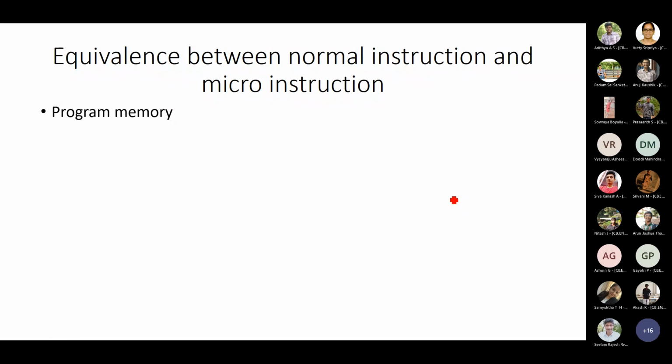A micro program is dedicated for one instruction. It's as if you're splitting that single instruction into a series of smaller instructions. So here the micro instructions will be stored in a memory called the control store. In order to easily remember it, I am calling it micro program memory, or the specific term given in your textbook is the control store.